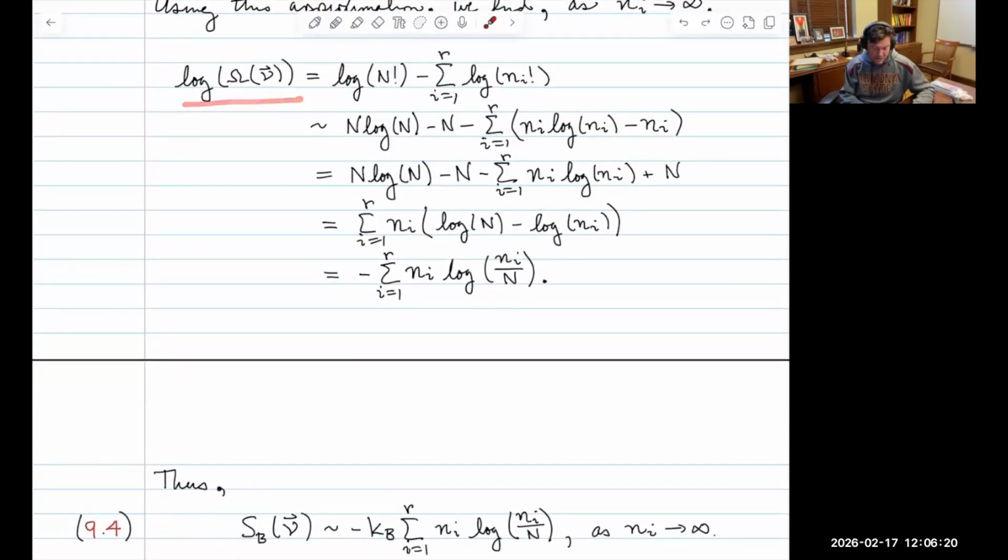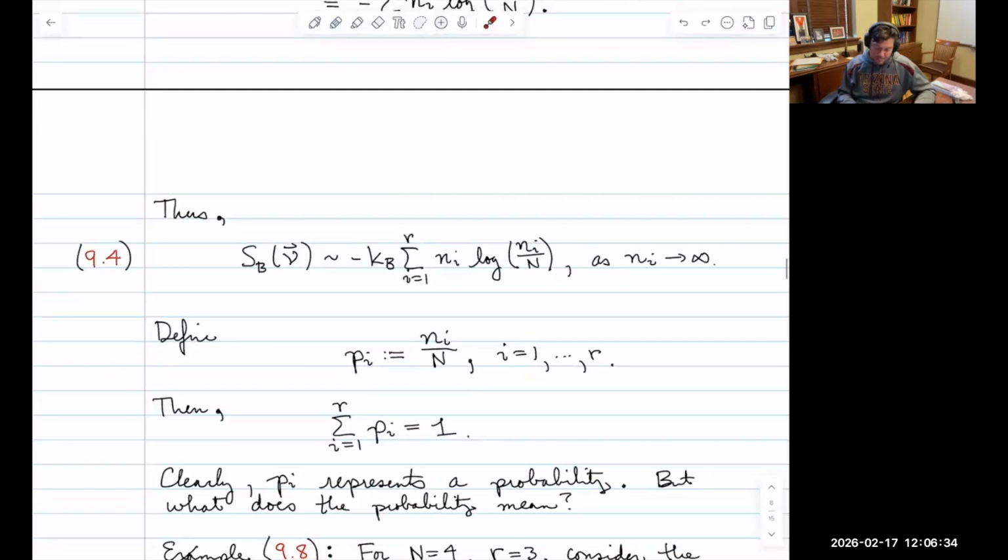In the Boltzmann definition of the entropy, it's log of the number of microstates in the macrostate nu, and we've transformed that to be this sum where there are no factorial functions at all. Now this becomes a better and better approximation as each ni approaches infinity, or the number of particles in each state gets larger and larger. We're looking at large numbers of particles, and so this approximation actually is a pretty good one. So we can replace the Boltzmann entropy with this summation.